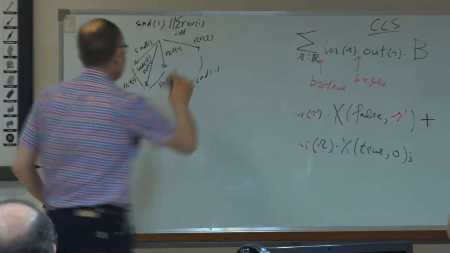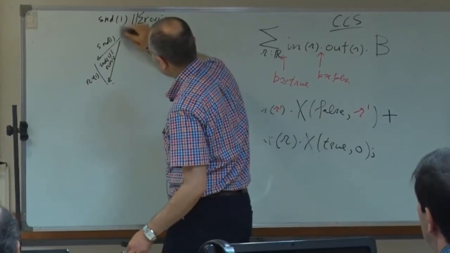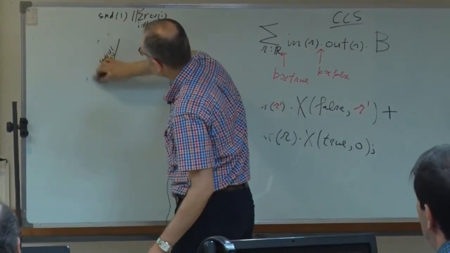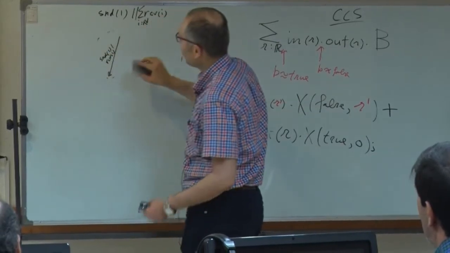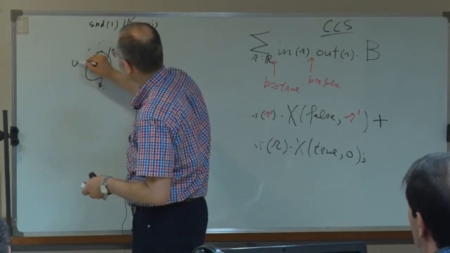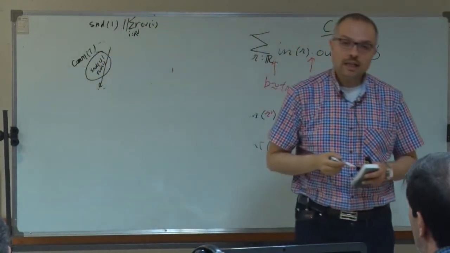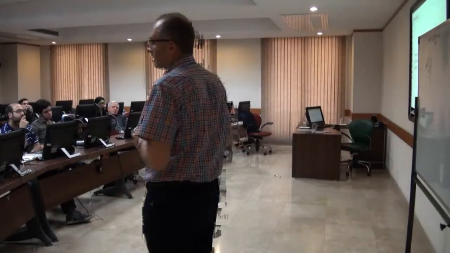This enforces the whole process to only behave like this. So you remove individual communications, you have the multi-action, and by renaming, you rename that to com1. And this will be the only allowed action for the parallel composition.